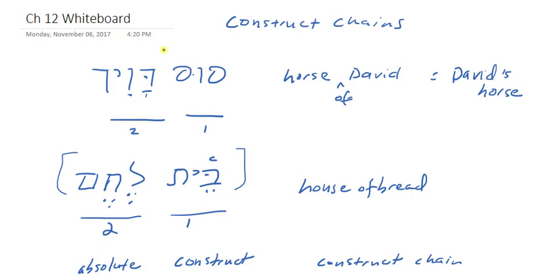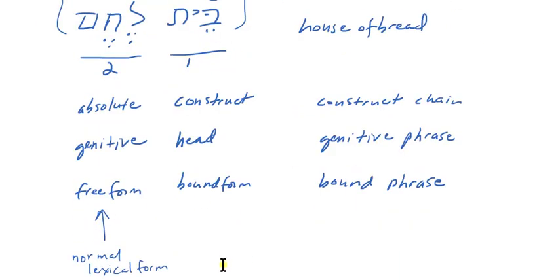The horse of David or David's horse. Don't break those up. We'll talk about some of the rules for construct chains in just a moment. So when we have a construct form, let me just jot here, it will frequently, it's not always the case, but frequently is modified or changed, okay?